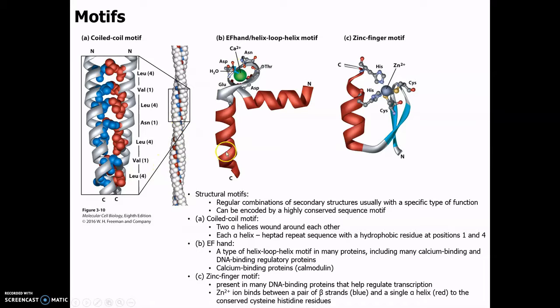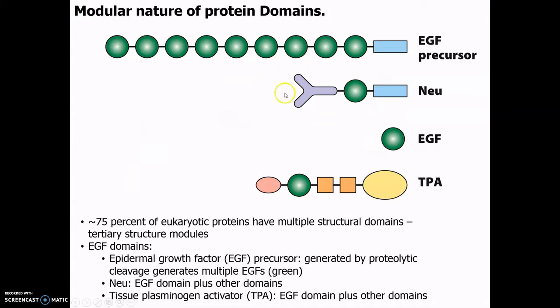So motifs don't tend to have a full protein structure stability aspect to them. It's just little minor repeated patterns that we see, whereas with domains, you could separate those domains from each other and they would still retain their entire structure.